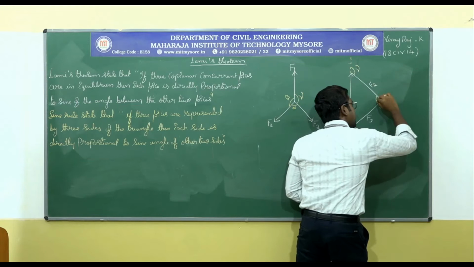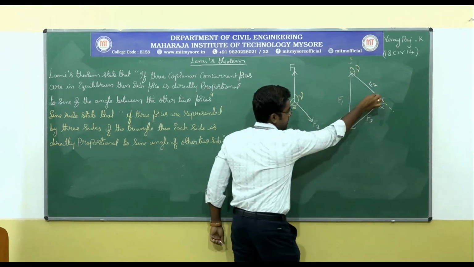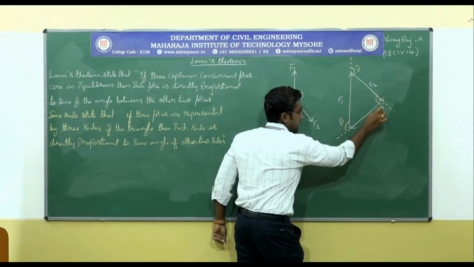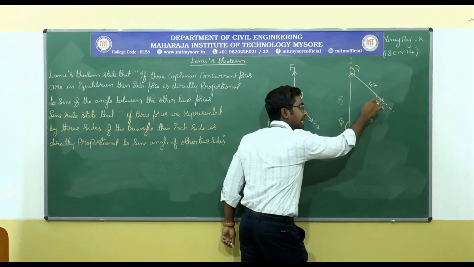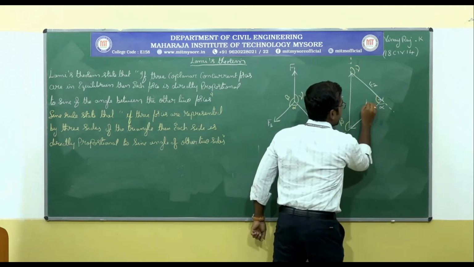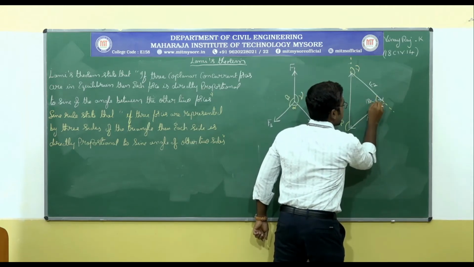This internal angle will be equal to, see, this is 180 degrees. Out of 180 degrees, I should subtract alpha to get this internal angle, and this internal angle will be equal to 180 minus alpha.